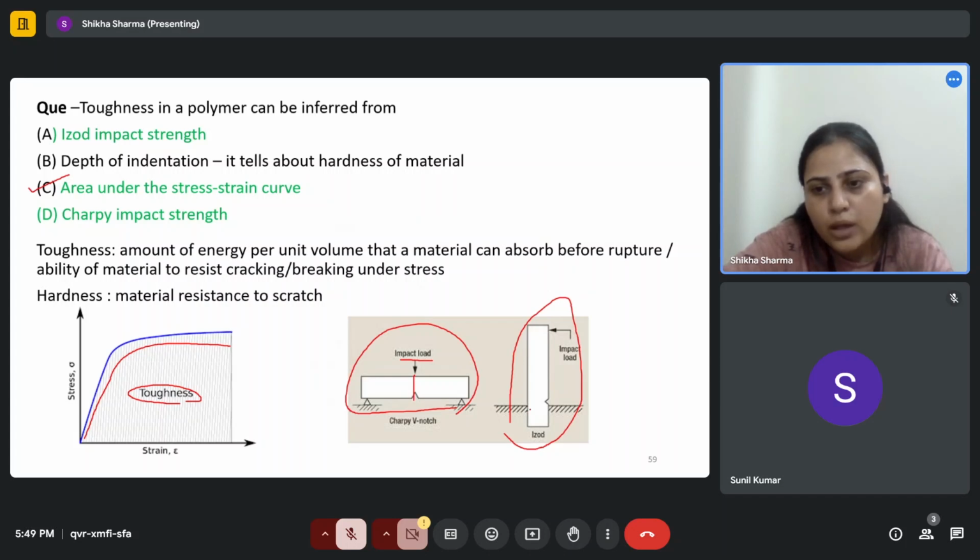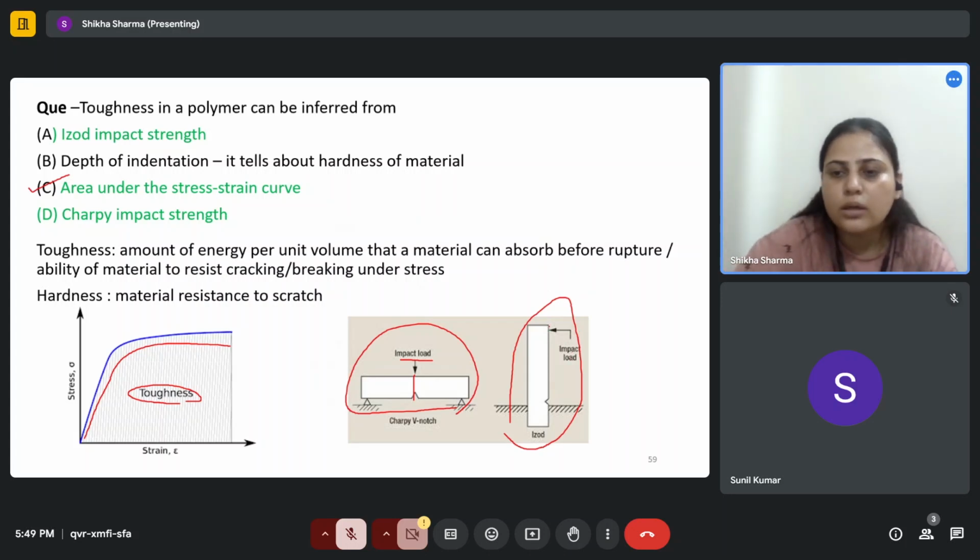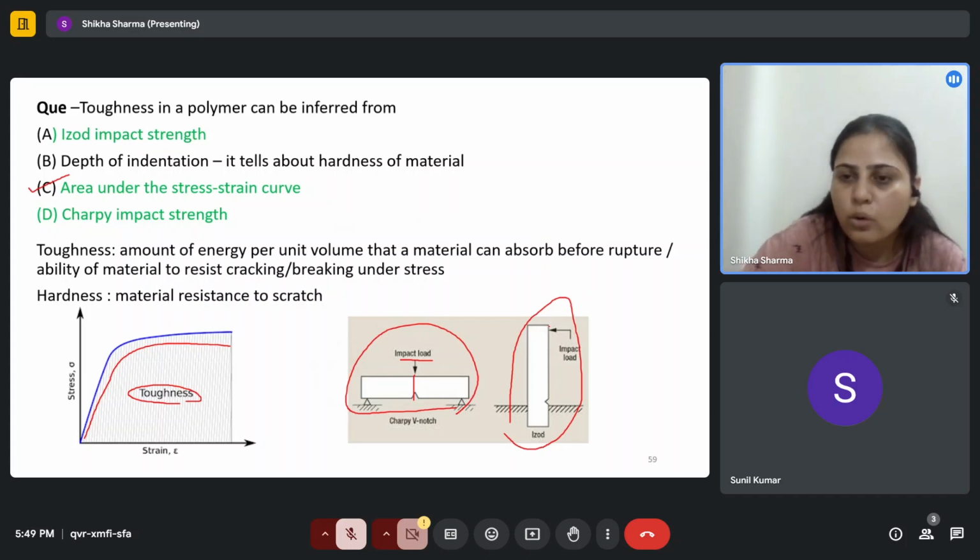And in the Izod method, we apply the impact load at the end of the material, where there is no V notch. So from these methods, we calculate.